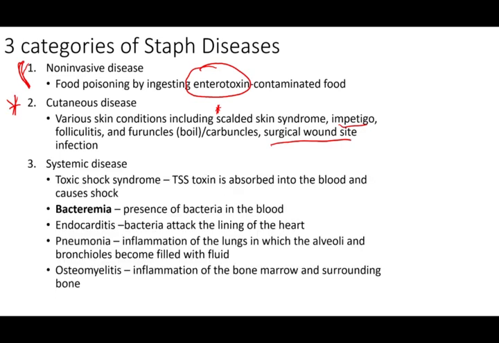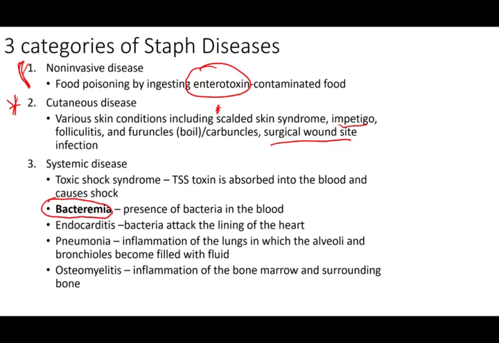And the last and most serious is a systemic disease. And that just means that the bacteria or the toxins have gotten beyond a certain local point of infection and gotten into the bloodstream. So again, either the bacteria or the toxin have gotten into the bloodstream. And the word we use to describe bacteria in the blood is bacteremia.